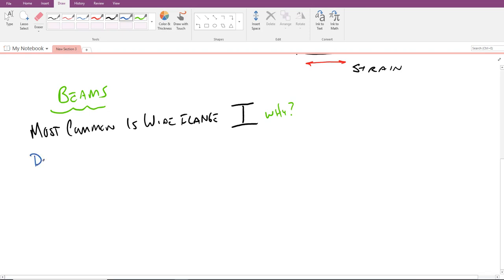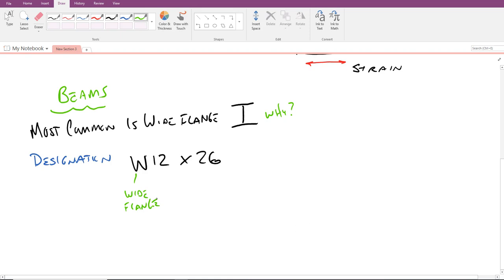Now, you'll often see the designation for a wide flange shape, something like this. For example, you'd see W12 by 26. This would be a specific type of wide flange beam. W for wide flange.